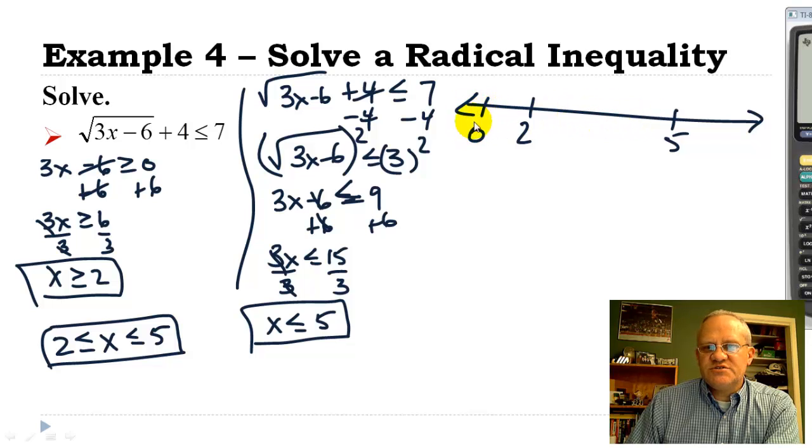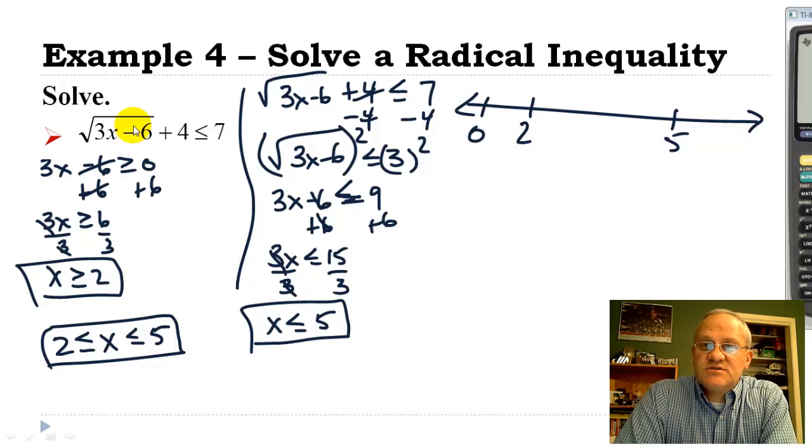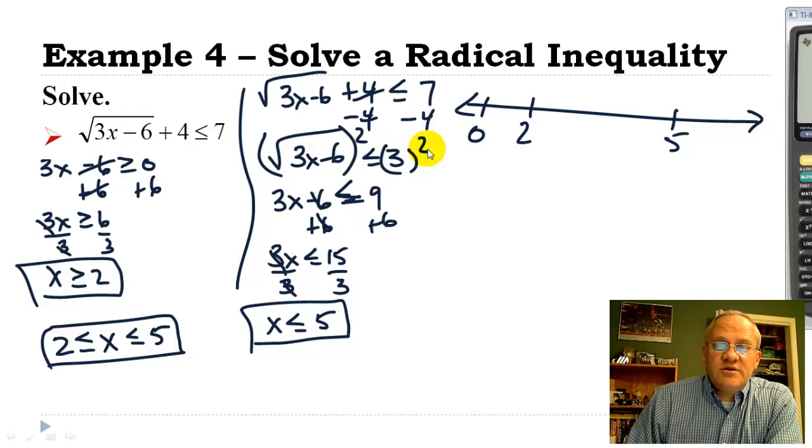What if we pick 0, which is out here? Let's plug it in. 0 times 3 is 0. What do I have left? I have a square root of negative 6. What's the square root of a negative 6? It's imaginary. So guess what? We got an imaginary number when we plug this in out here, so that is no good. We don't like that out there, which is what we expected.